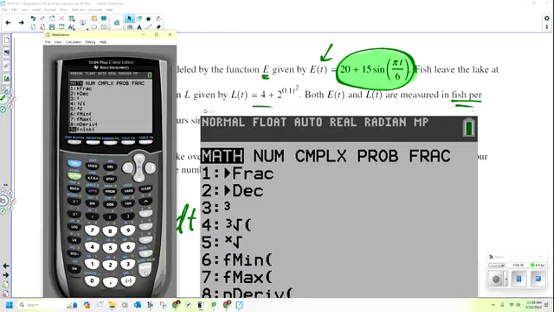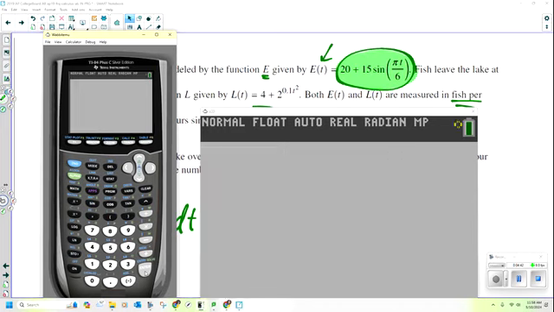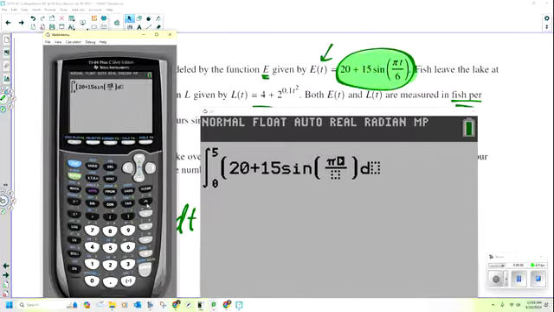Normally it's question 3 or 4 where I make that first little error. But from time 0 to time 5 a.m., we're going to integrate 20 plus 15 times the sine, put a little fraction in there because I can, of pi x over 6.